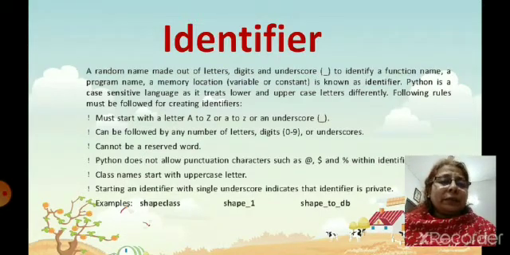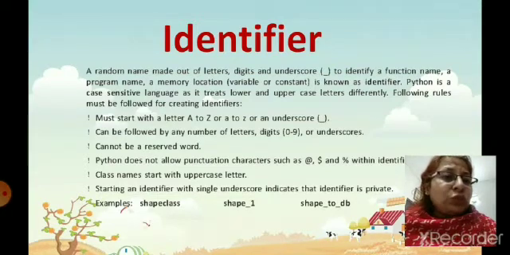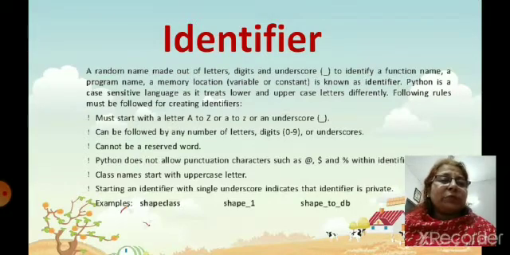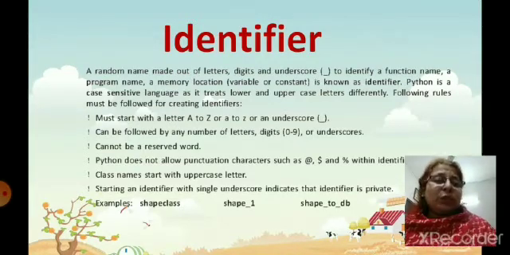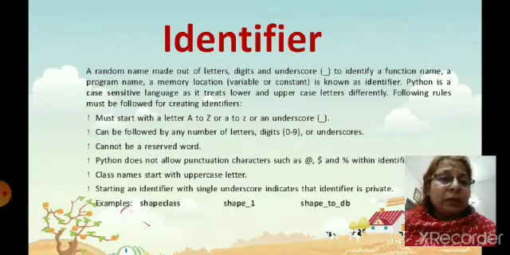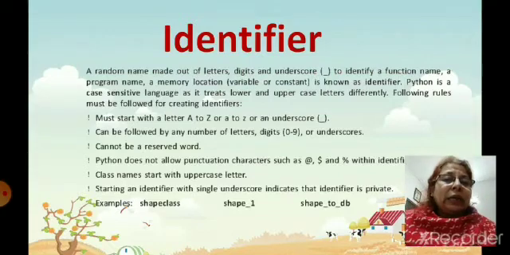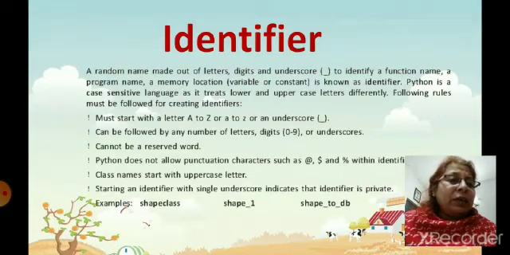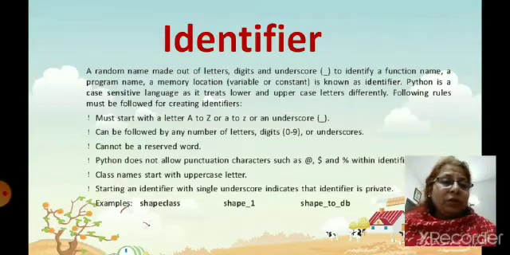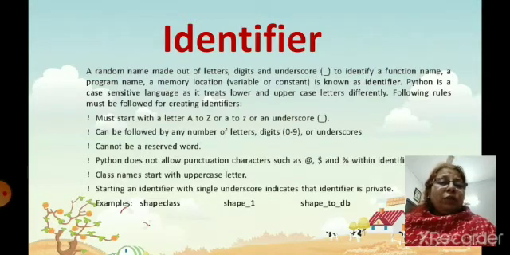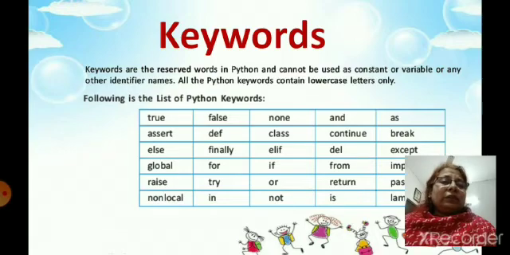Cannot be a reserved word. Punctuation characters should not be used, the special symbols like at the rate, dollar, percent. These types of special symbols we don't use in Python. A class name starts with an uppercase letter, and starting an identifier with a single underscore indicates that the identifier is private.